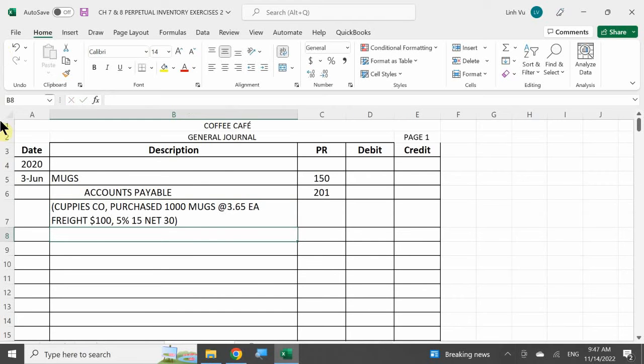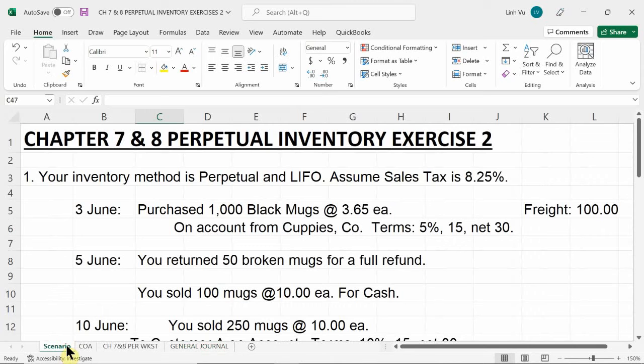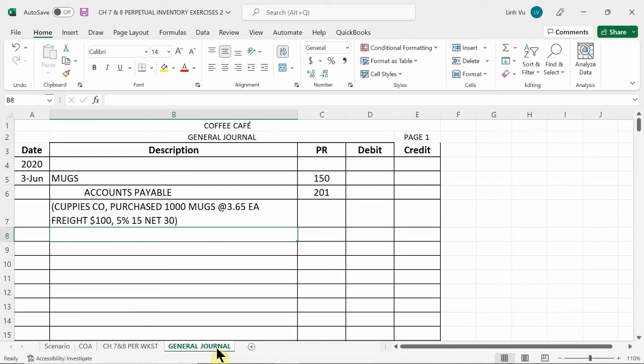Okay. So let's double check if that is correct here. All right, we purchased 1,000 mugs at $3.65 each. Freight was 100. Cuppies Co. Terms 5% 15, net 30. Okay. Good. So let's go ahead and do our calculation. Now, it's up to you if you want to do your calculations here or if you want to do your calculations in the worksheet, whichever works best for you.